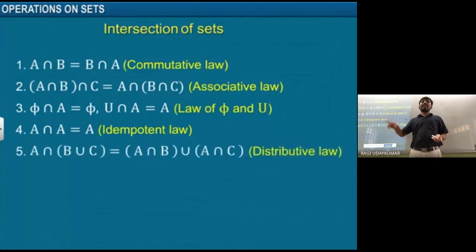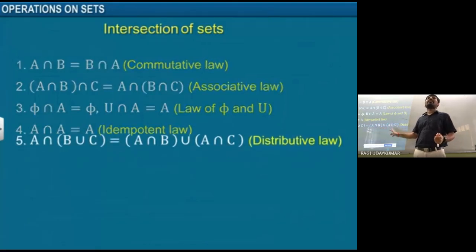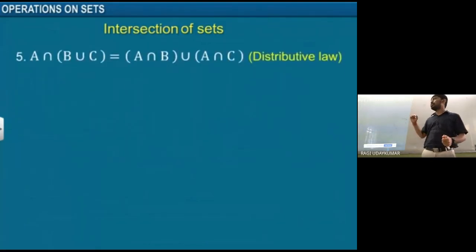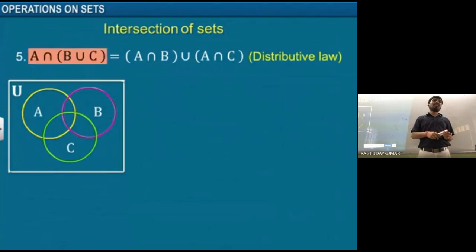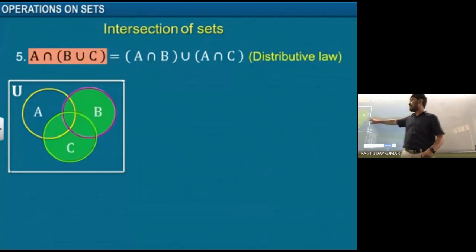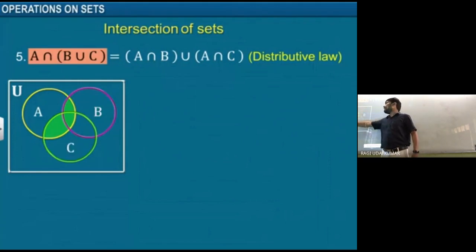And A intersection (B union C) is equal to (A intersection B) union (A intersection C), which is called the distributive law. Whenever you take three sets, consider the intersection of A and B union C. B union C is written like this. And what is the intersection with A?